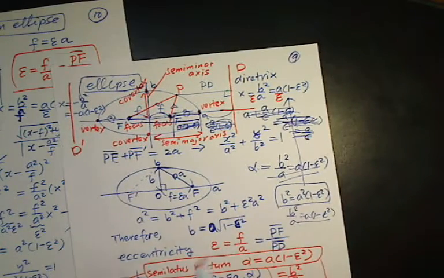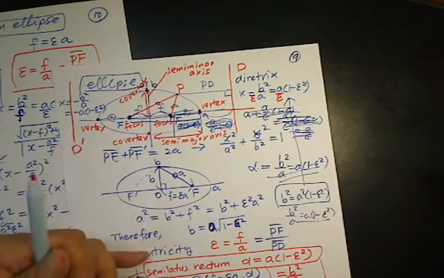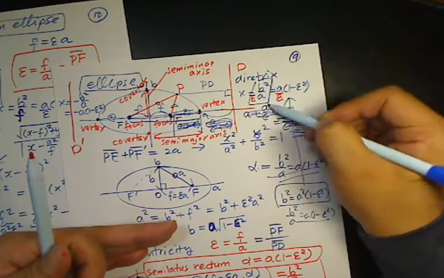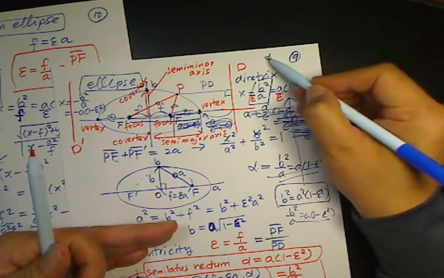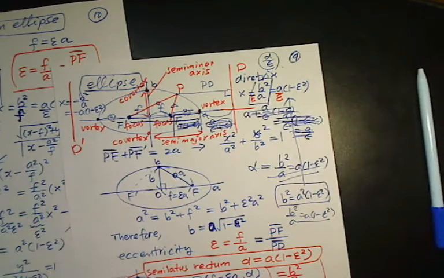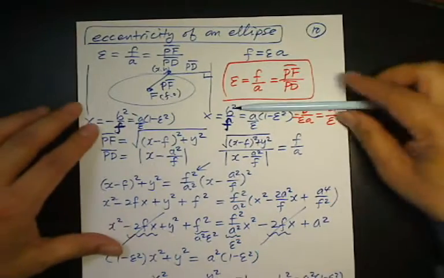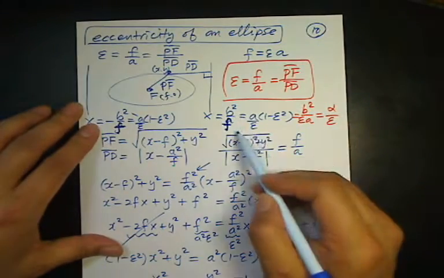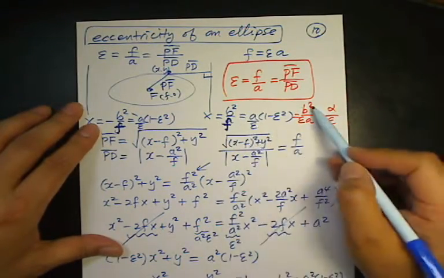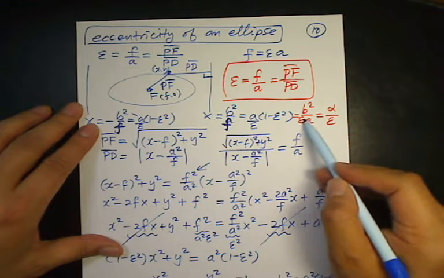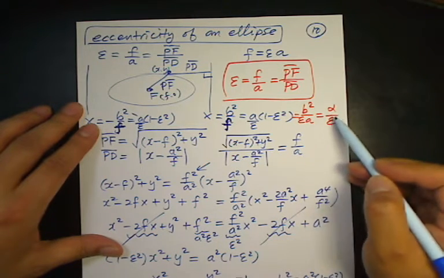That means the position of the directrix is alpha over epsilon, which is b squared over epsilon a.